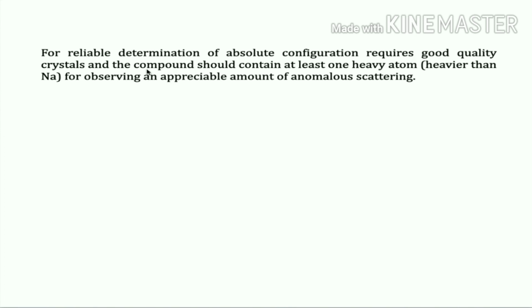At the same time, the compound should contain at least one heavy atom, heavier than sodium, for observing an appreciable amount of anomalous scattering. If this heavy atom is not present, then we won't get anomalous scattering. So that is the disadvantage of this anomalous X-ray scattering.